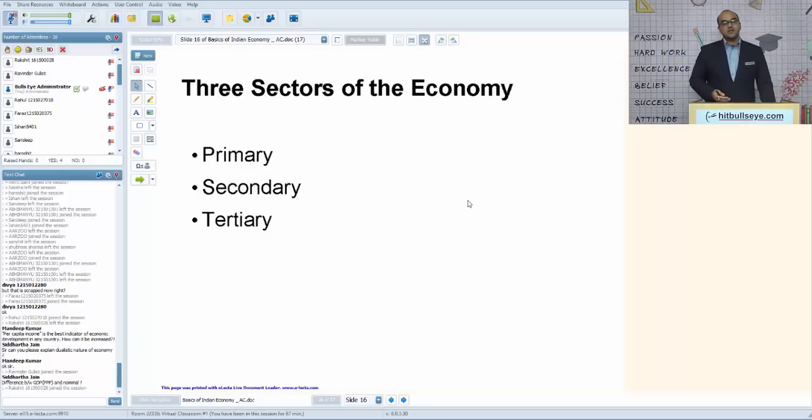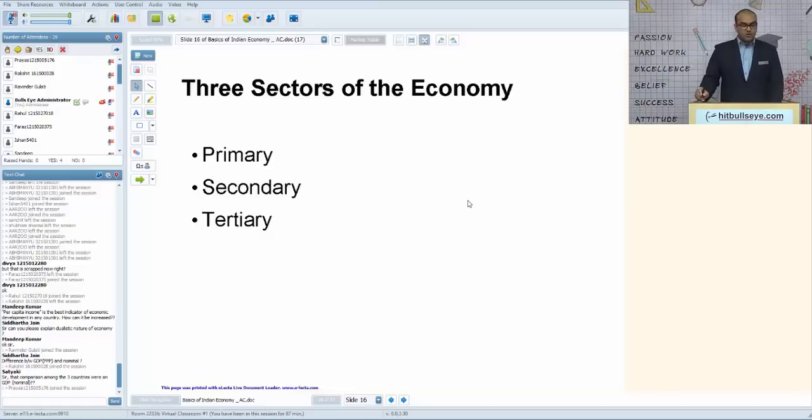So broadly speaking, there are three sectors of an economy. Yes, Satyaki. Okay, moving on. So there are three broad categories in which an economy can be divided. First of all, of course, is the primary sector. This involves industries which are related to harvesting of naturally occurring resources.